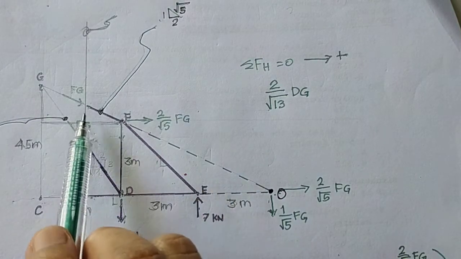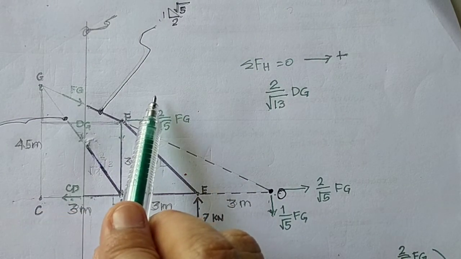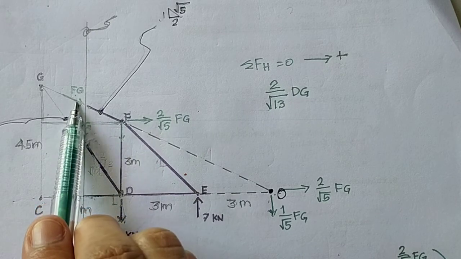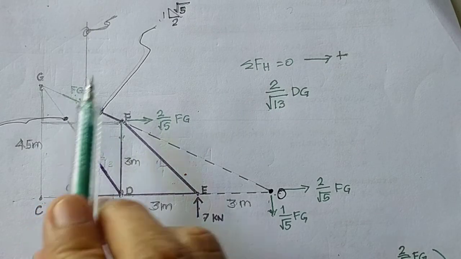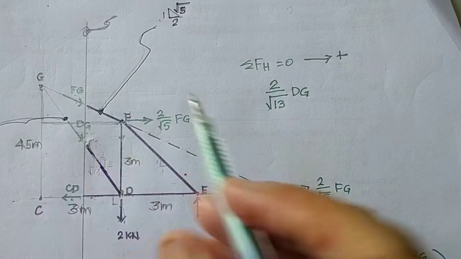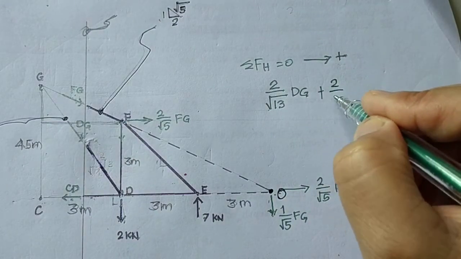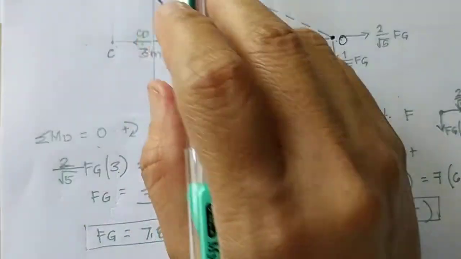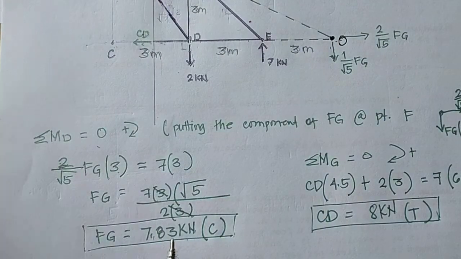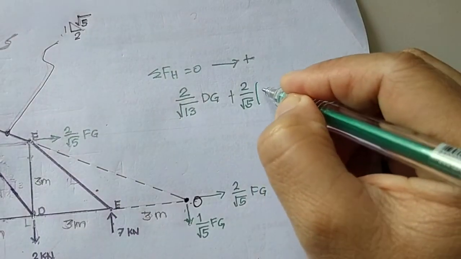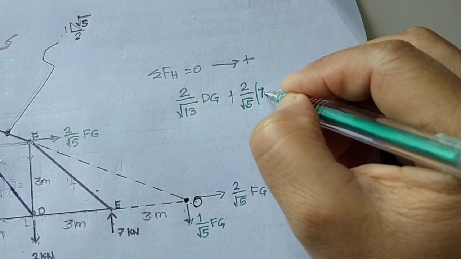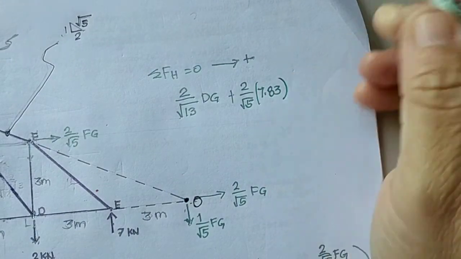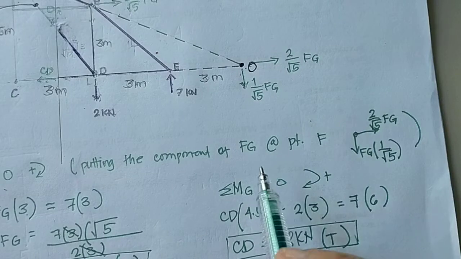The other force going to the right is the component of FG. The horizontal component of FG is 2 over square root of 5. The value of FG as computed is 7.83, so this should be multiplied by 7.83. So what else?